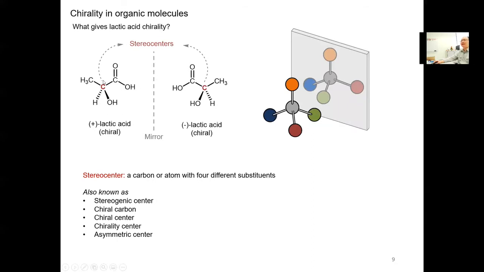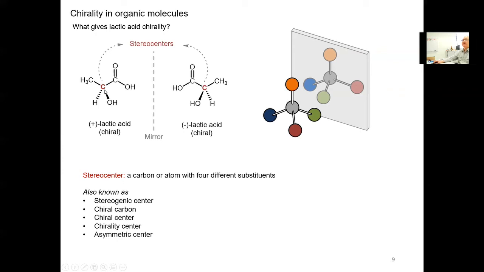So what gives lactic acid chirality? Why, after we put an OH on the second carbon, is it now chiral, but the propionic acid without this OH is achiral? The fundamental reason for this chirality is that it has a stereocenter, which is carbon 2. Okay, so a stereocenter is defined as a carbon or atom with 4 different substituents.